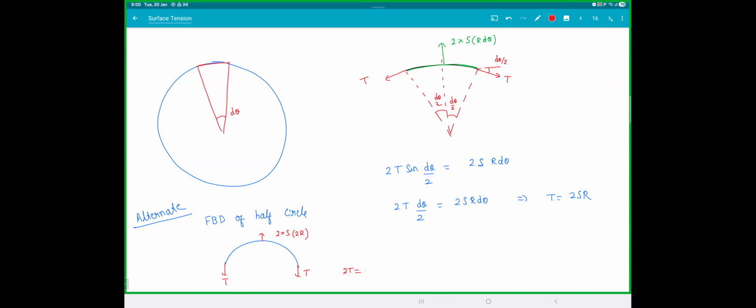You can say 2T is equal to 4SR, T is equal to 2SR. That is faster. If you take a semicircle, the two strings are pulling down, and the semicircle's force will be 2 into S into 2R. So this alternate way is faster, but you should know projected length.